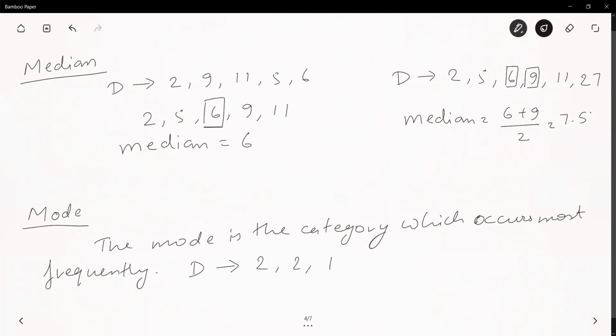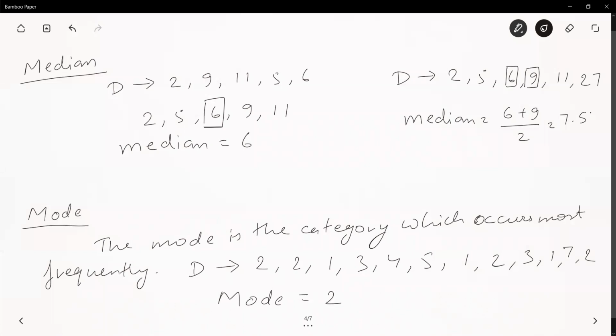Suppose this is your data set: 3, 4, 5, 1, 2, 3, 1, 7, 2. Now find the mode of this data set. 2 occurs 4 times, 1 occurs thrice, and 3 occurs twice. So 2 occurs most frequently, and the mode of this data set is going to be 2.